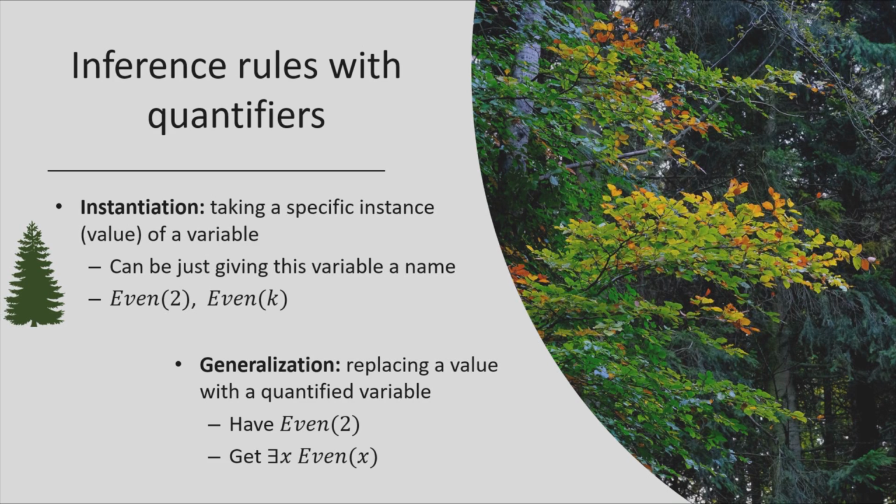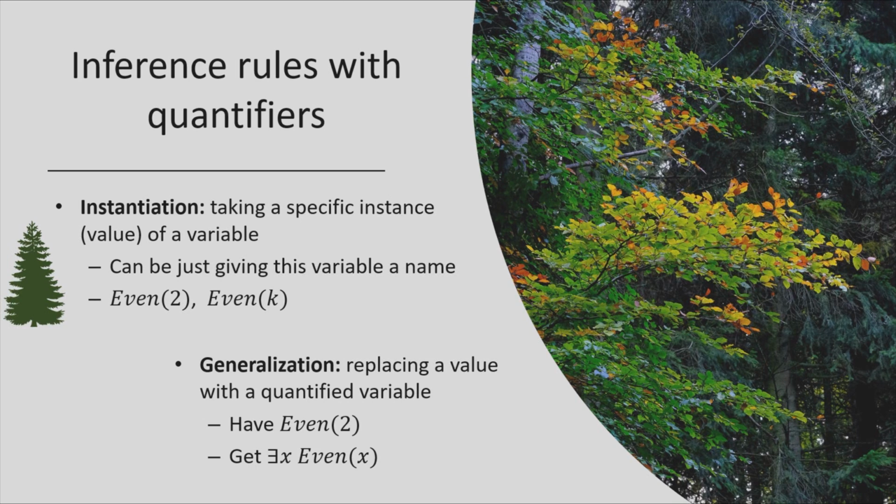So the opposite of instantiation is generalization. That's when you didn't have a quantifier in the formula and you just had some free variables, or maybe specific constants there. And now we are putting a quantifier onto that formula, replacing that free variable or a constant. So here is an example.